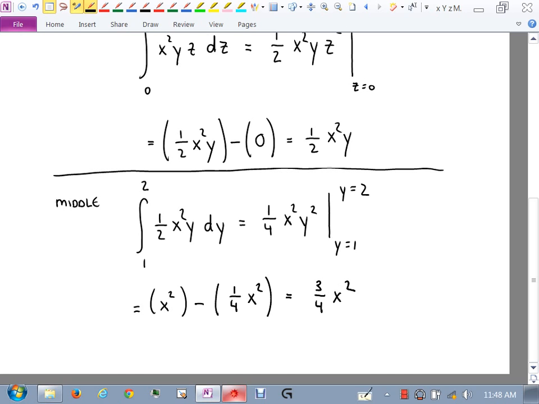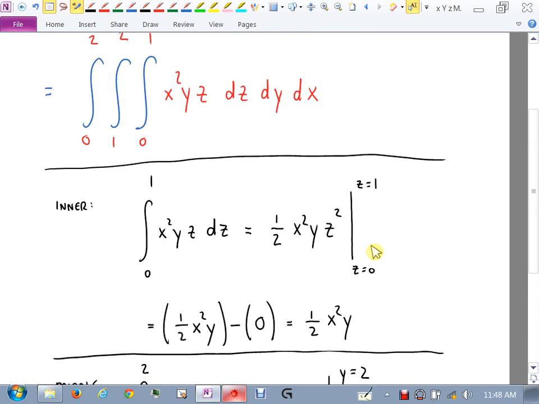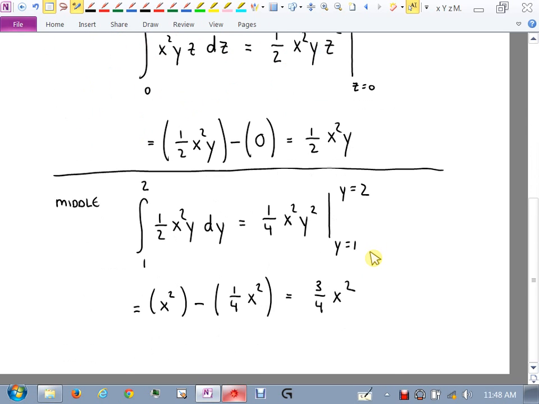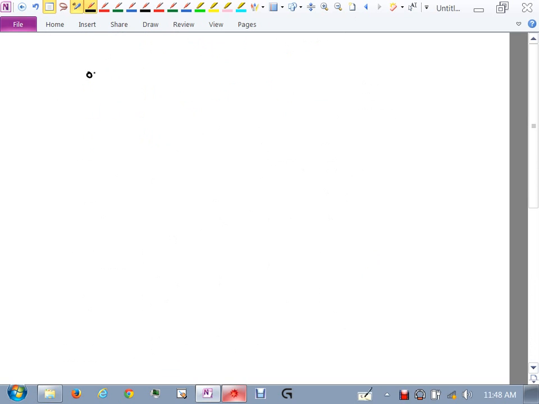And now we go to the outer integral, which is 0 to 2. So the outer integral 0 to 2 of what I just got, which was 3/4 x squared dx. And now you're back in Cal 2.